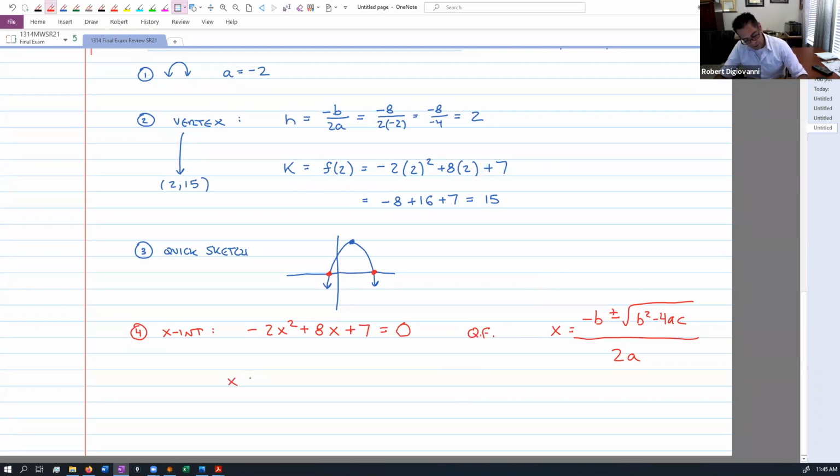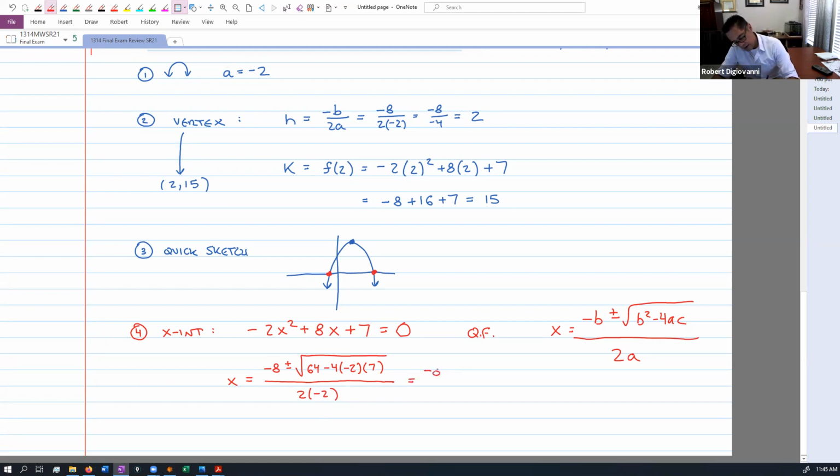This will be x is equal to, see, -b will be -8 plus or minus the square root of b squared. So take the 8 and square it, 64, minus 4 times a, which is -2, times c, which is 7, all over 2 times a, which is -2.